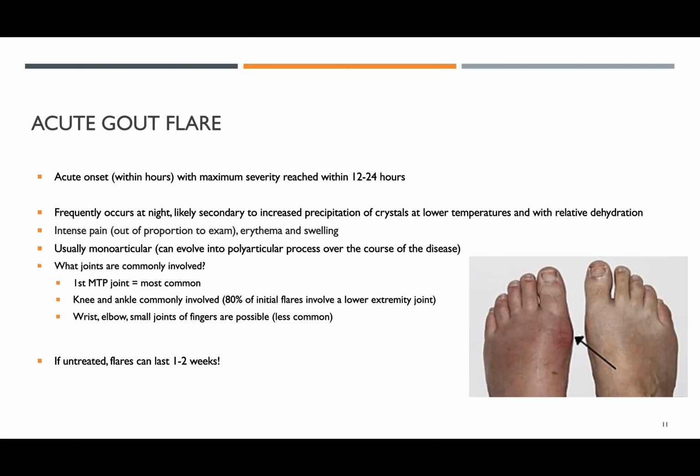Remember, these flares occur usually at lower temperatures. The farther away you are from your core, usually the lower temperature you're going to have in that area of the body. But you can also get flares in the wrists, elbows, small fingers. Really can be any joint, although the first MTP is the most common. And if untreated, a flare can last 1 to 2 weeks if you're not giving any therapy. So keep that in mind, because that's a long time to just have somebody in pain.